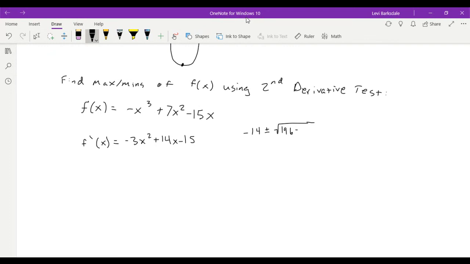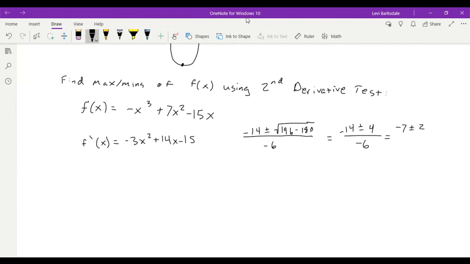So we get minus 14 plus or minus the square root of 196 minus 4 times a times c. So that is 3 times 15 times 4, which is 180, all over 2a. This is negative 14 plus or minus the square root of 16, which is 4, over negative 6.